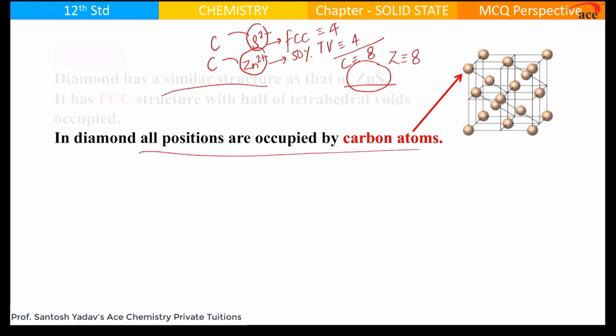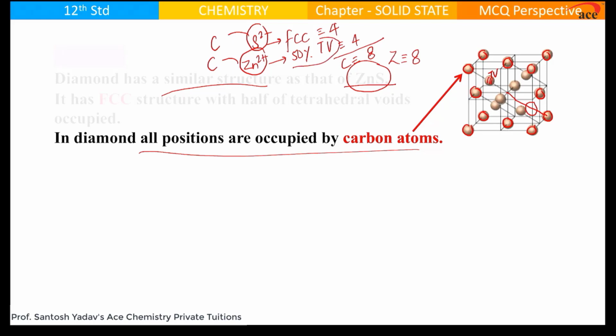If you check this shape, these positions, which are 8 corners, are occupied by whom? Yes, by carbon. And who occupies the face center? Again carbon. And who occupies this tetrahedral void? Again carbon. There are 2 tetrahedral voids on one body diagonal, but one is occupied and the other is empty.